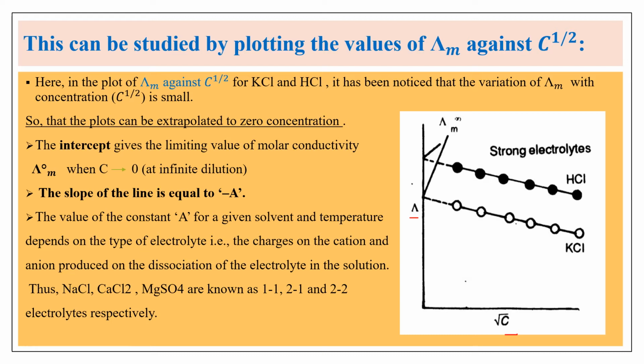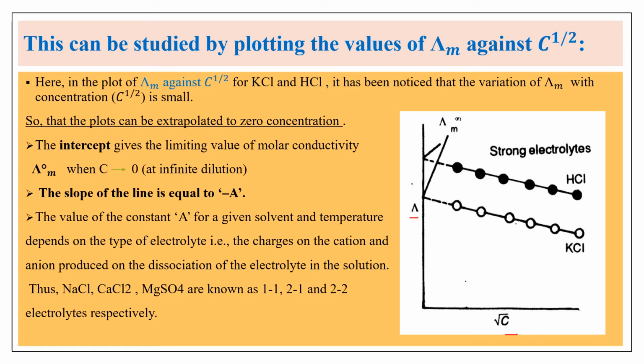As we plotted the graph for strong electrolytes KCl and HCl, it has been noticed that the variation of molar conductivity with concentration is small. We can see from this graph also that the variation of molar conductivity with concentration is small, so the plots can be extrapolated to 0 concentration.